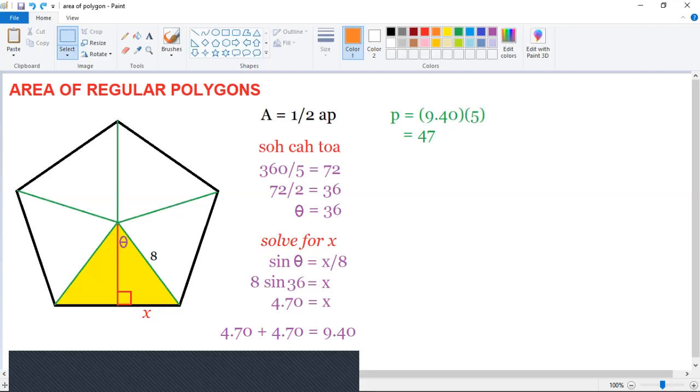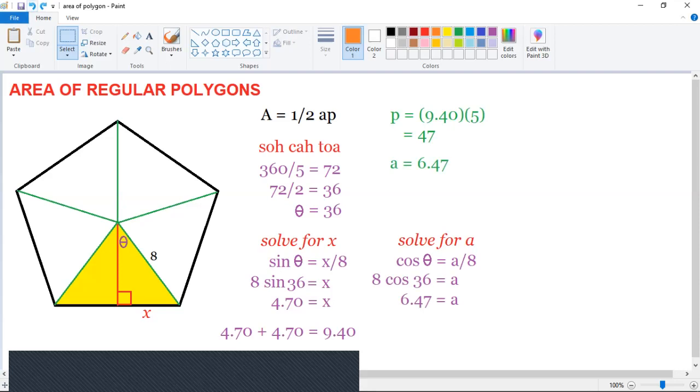So cosine theta is equal to adjacent over hypotenuse, which is A over 8. Again, with cross multiplication, 8 times cosine theta gives us 6.47 for A. So we now have a value for A, which is 6.47.